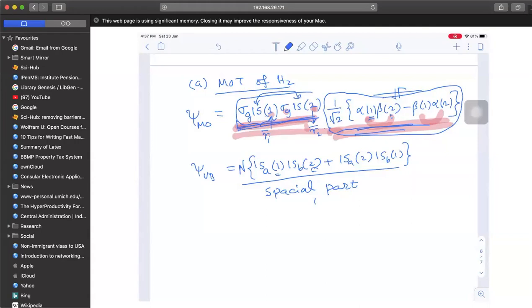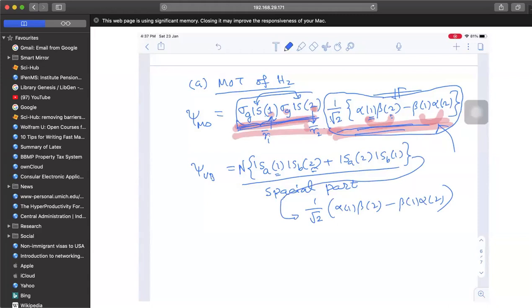What is the spin part? The spin part should be antisymmetric, which means that it is the same as in the case of your molecular orbital wave function. It should be 1 by root 2 times alpha 1 beta 2 minus beta 1 alpha 2. So therefore, the total wave function will be the product of the spatial part and the spin part.